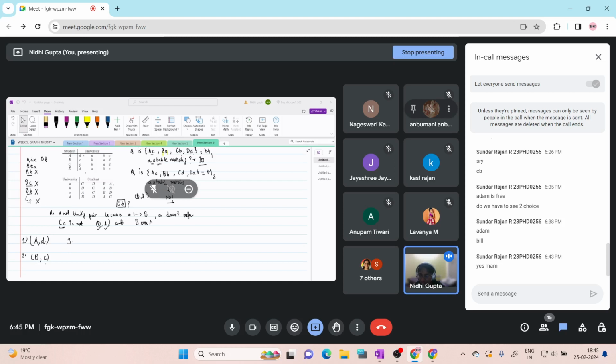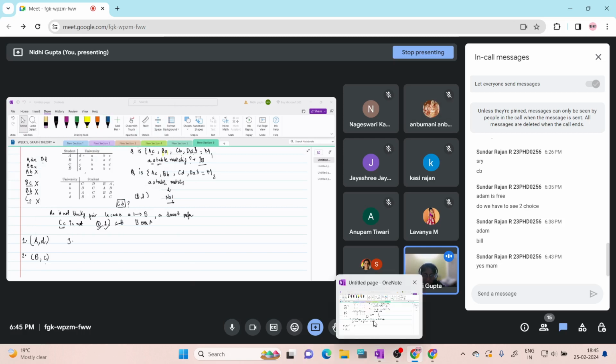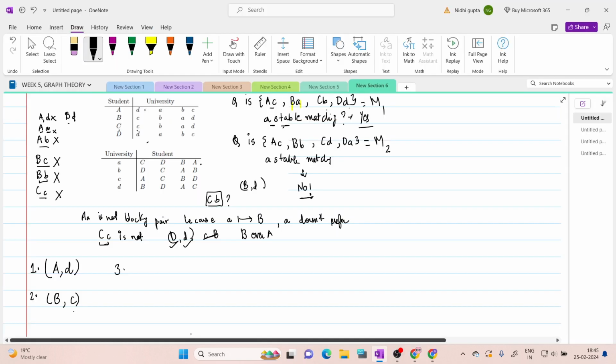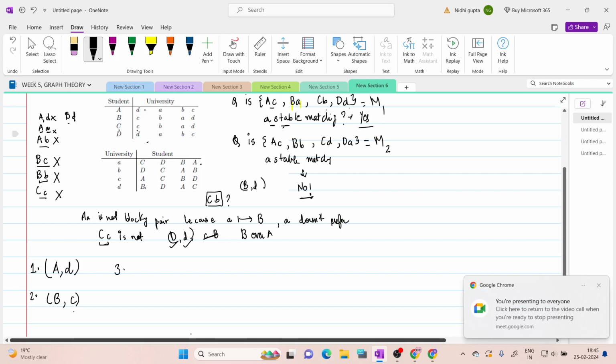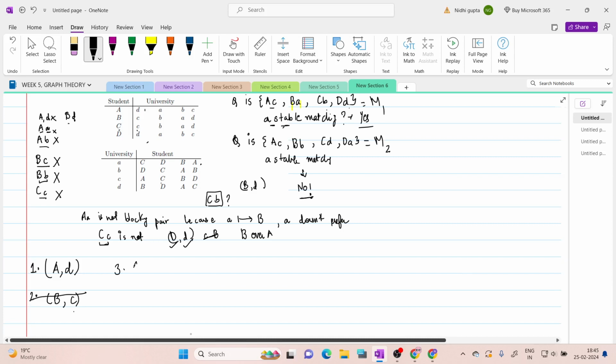So B wants to go to university C and C wants to go to university C. But who does university C prefer? Small c will prefer capital C. Then B will be free and capital C will be assigned C.